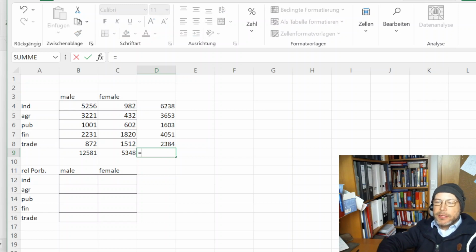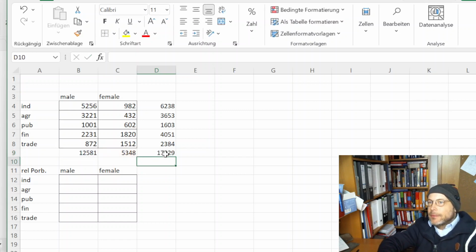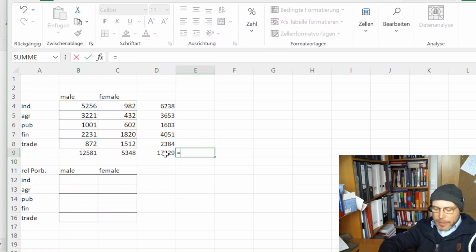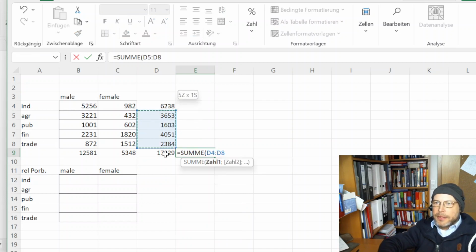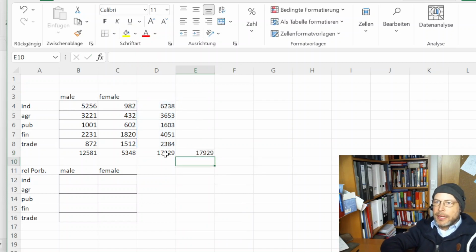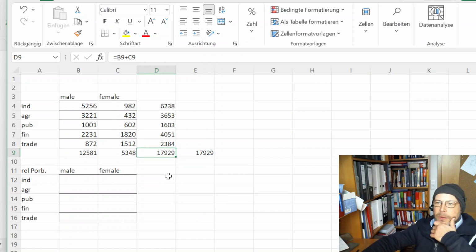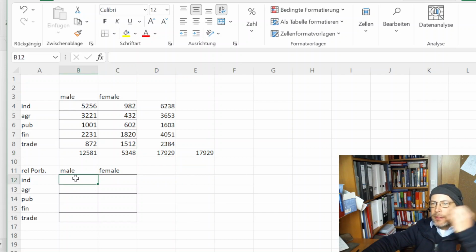So we just add these two numbers, and of course here it is a software package, but so that you see that we are right, we can also sum up these numbers, and we should get the same numbers here. Fortunately, we do.